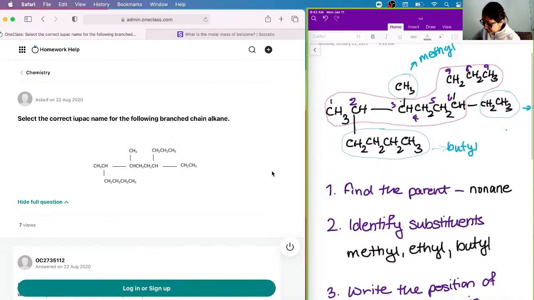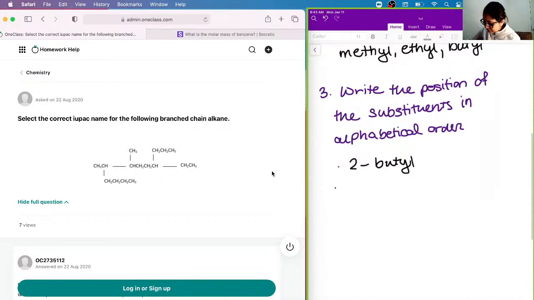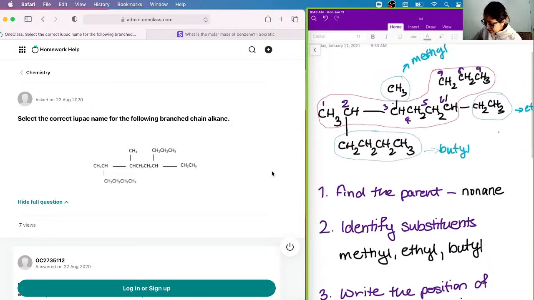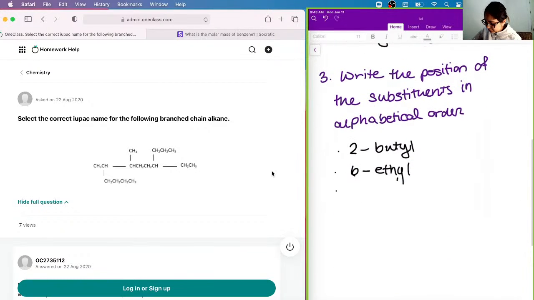And let's see where ethyl is attached to. Ethyl is attached to the sixth carbon here, so we can say that this is 6-ethyl. And lastly, we have methyl, and methyl is attached to the third carbon, so we write 3-methyl.